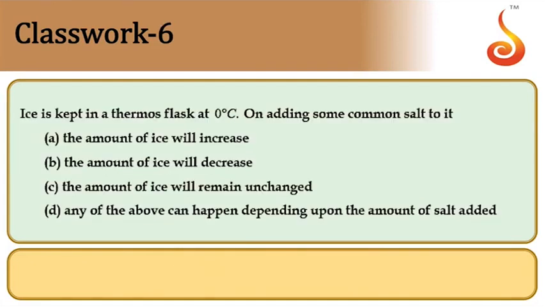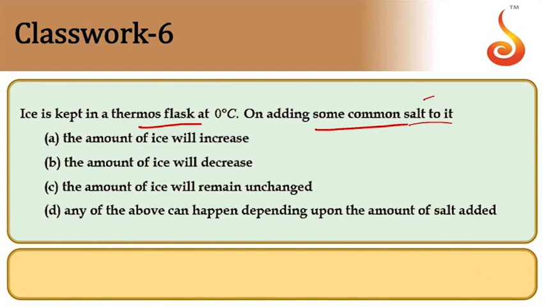Then ice is kept in a thermos flask and some amount of common salt is added. What will happen? See, when you add salt, some amount of ice starts melting to dissolve the salt being added. Further, the ice as well as salt form a freezing mixture, which is having a temperature below 0 degrees Celsius.